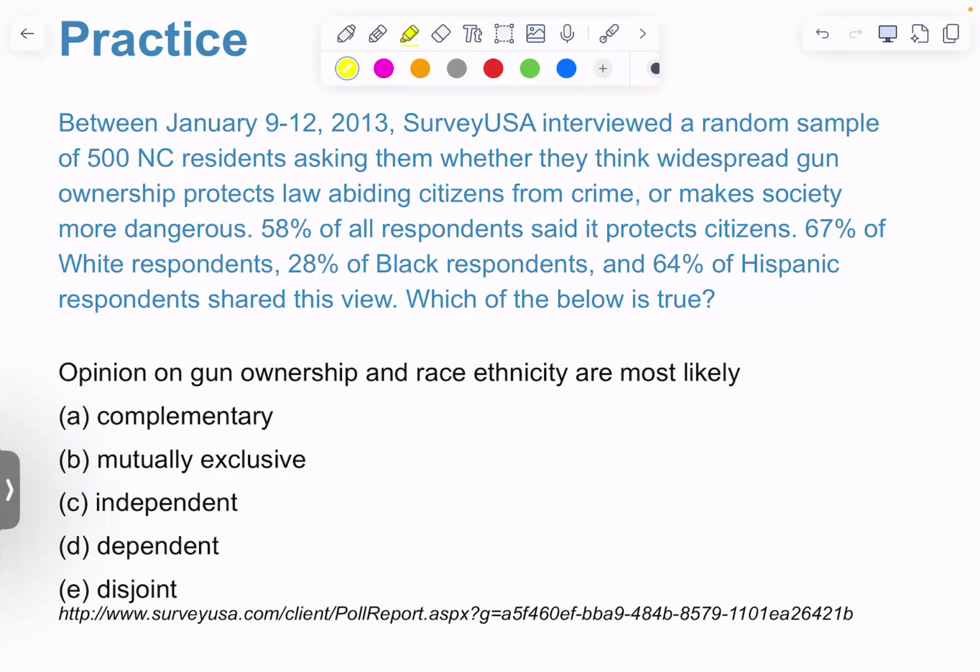So we're giving them two possible responses. And 58% of all respondents said it protects citizens. What could you do? You could take this information and generate a table. You could reverse engineer it.